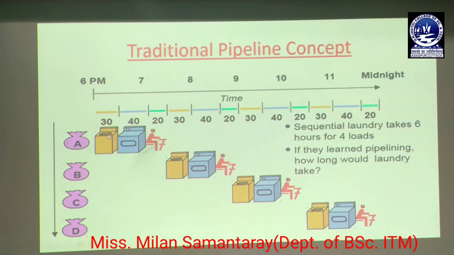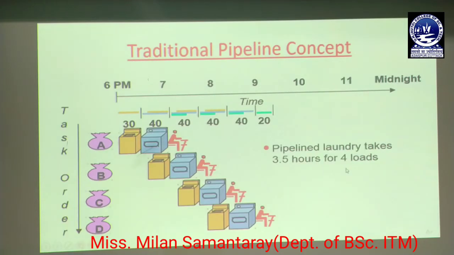Here you can see the washer, dryer and folding, and after folding, another load enters and goes for washing, then drying, then folding. So like this it will take up to 6 hours for 4 loads. If they learn pipelining, how long will the laundry take? We will see in our next slide.